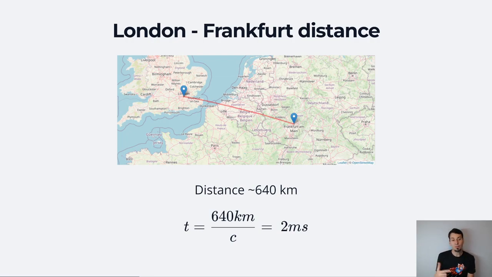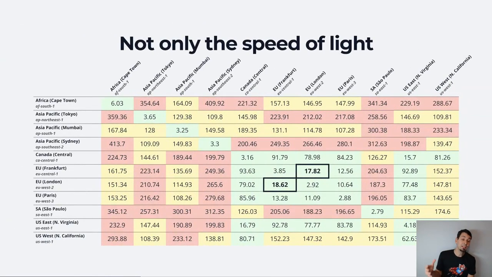So in total, that gives us the lower bound on the round trip time, which is around 4 milliseconds, right? But in reality, the latency is much higher. This is related to the need to cross multiple network infrastructure, the routing, packet retransmits, packet losses, and so on.